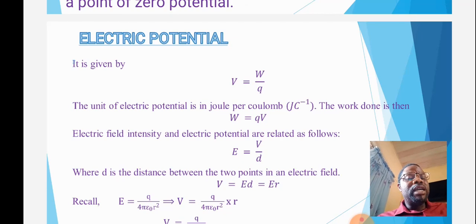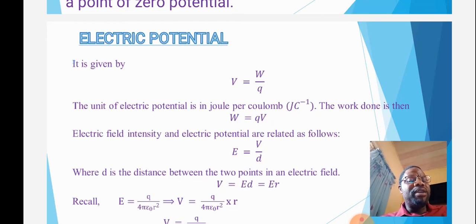Then electric field intensity and electric potential are related as follows. We have the electric field intensity E is equal to electric potential over d, where d is the distance between the two points in the electric field. Therefore we now have that V is equal to Ed, which is also the same thing as Er, where d or r is the distance between the two points.